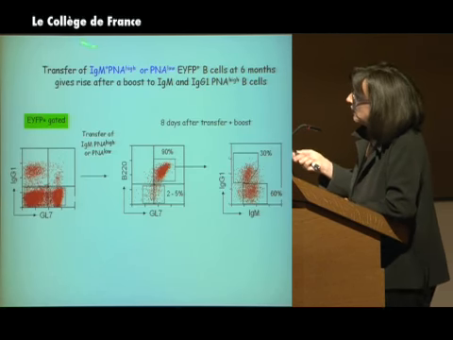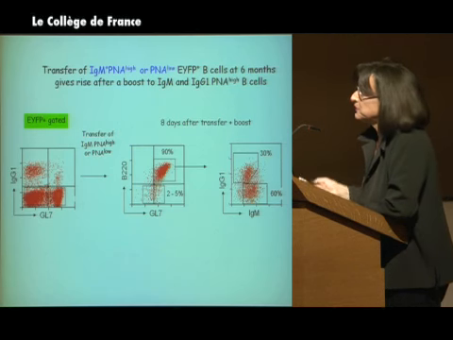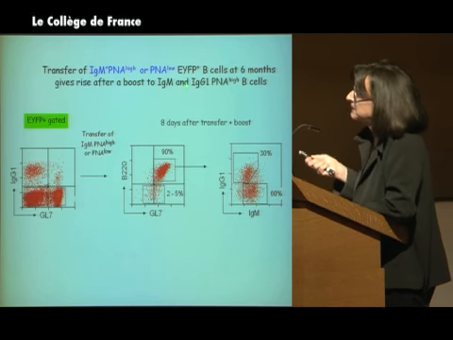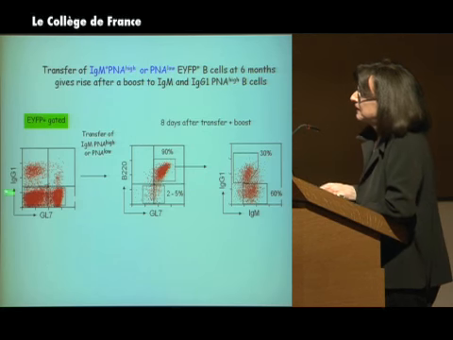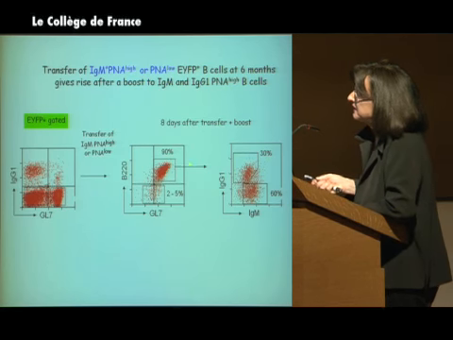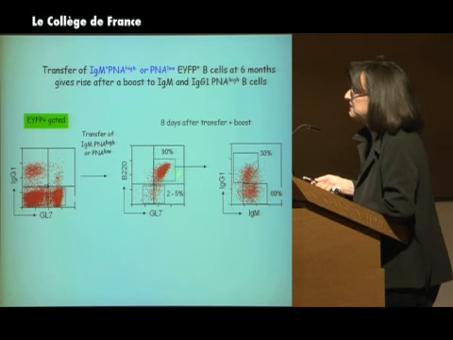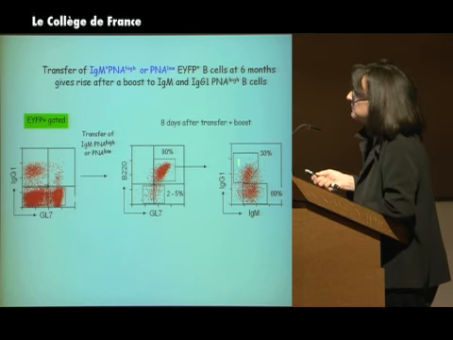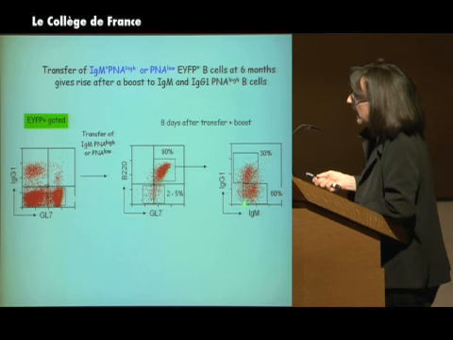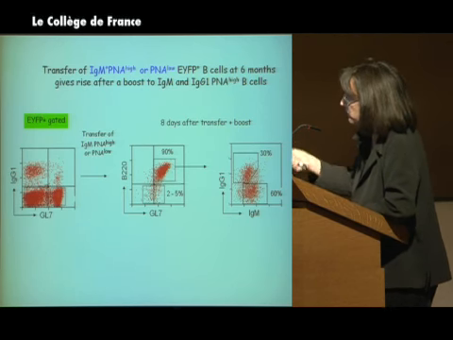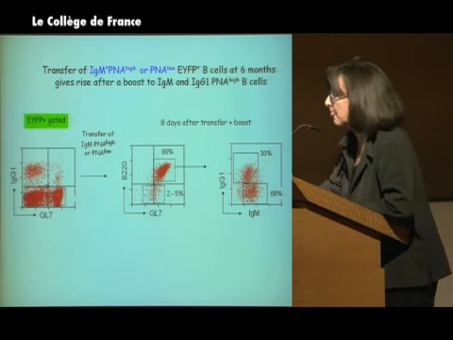So when IgM positive cells are transferred, whether they have or have not the germinal center PNA marker, they differentiate 8 days after transfer into new germinal center B cells. During this differentiation, they are able to reinitiate the germinal center reaction and to initiate isotype switch, since 1/3 of them become IgG.